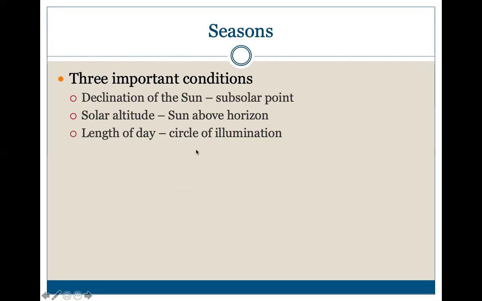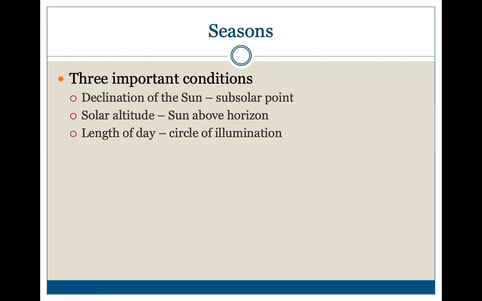Then we have the length of day, which relates to how we look at the circle of illumination of the sun shining on the earth. So in the spring, our daytime is getting longer. In the fall, our daytime is getting shorter. Our shortest day of the year in the north, and I'm speaking about the northern hemisphere, is in winter, right before Christmas.